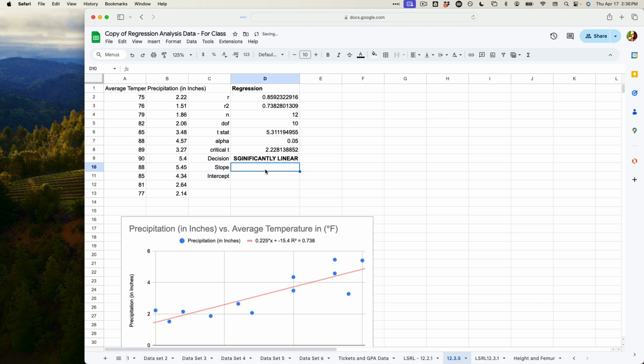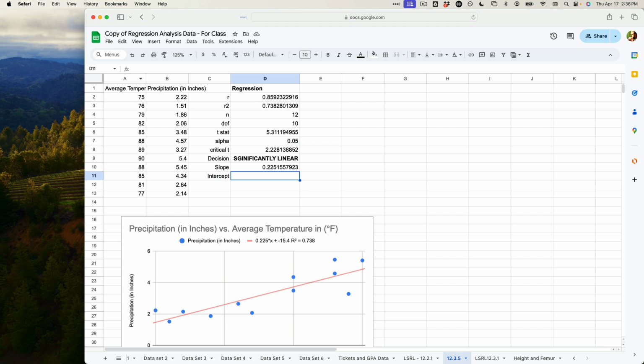All right. And then all you have to do here is say equals slope, and then data y, and then data x. Now select the entire column so that if you copy paste other data here, it will automatically do the calculation for you. Indeed, my slope is 0.225 as expected from the trend line.